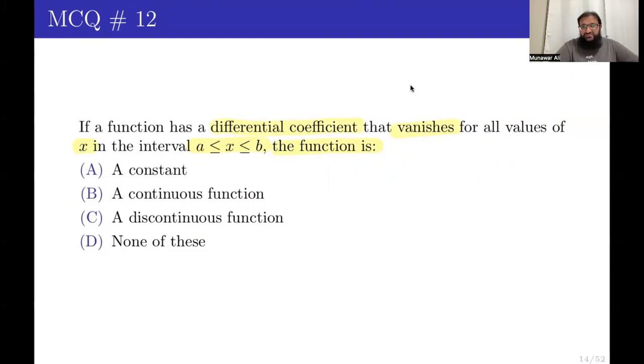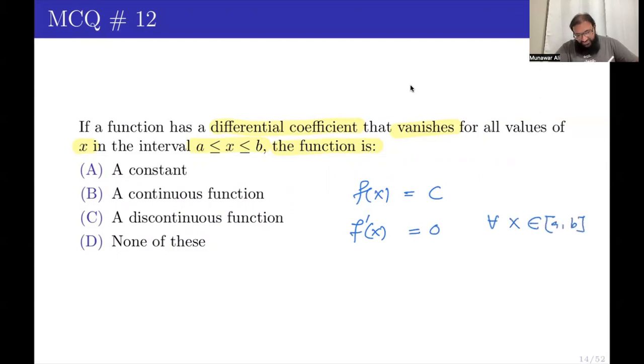Then the function is always a constant function, because we know very well that if we have a constant function, then its derivative is 0 for all x in whatever interval we have chosen so far. So the correct option for this MCQ is A, which is a constant.